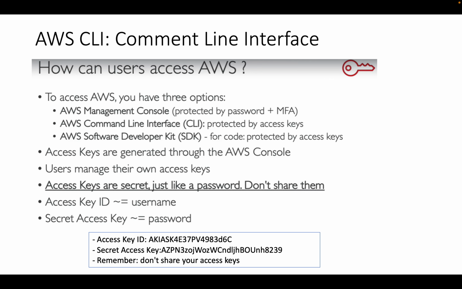So AWS IAM is not only for access into the AWS console. We can also use IAM to access via the command line, the AWS CLI, and also the software development kit, SDK.